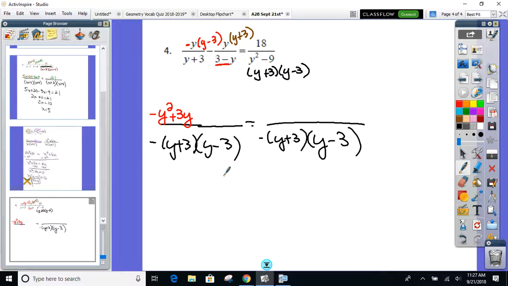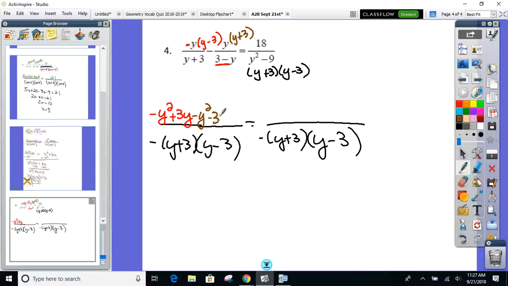What's that going to become then? Oh, you're better than that. Not y squared. Negative, because I got to distribute the negative y. Almost. -y squared minus 3y. No joking here. Could have easily just said, forget it, they won't get it.